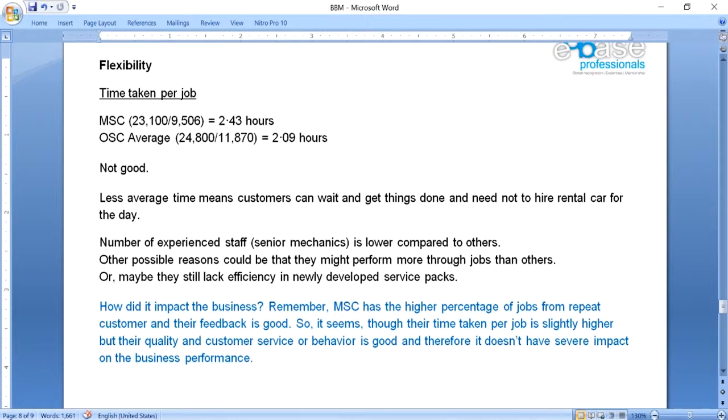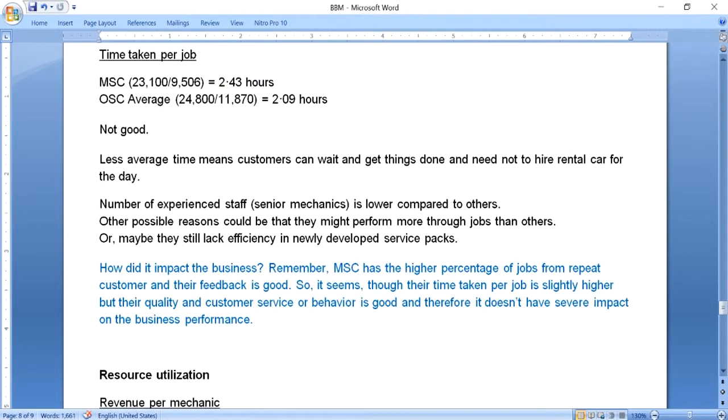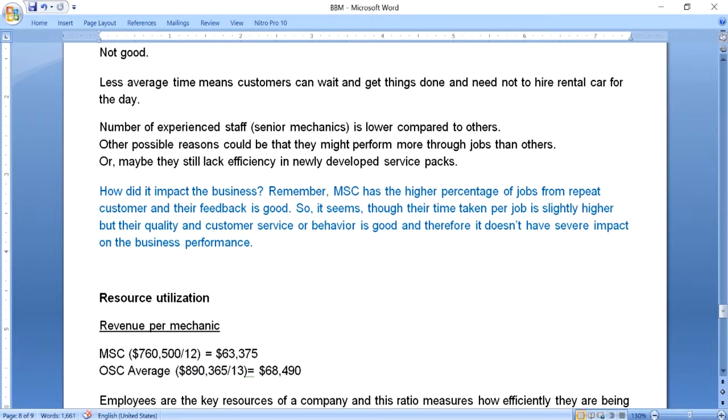They are still happy with our services because though we are taking more time, maybe we are giving quality work. That could be one reason. All right, so that's why they are coming back to us. That means though we are taking more time per job, we still have a higher number of customer returns. Okay, so maybe quality is a factor.